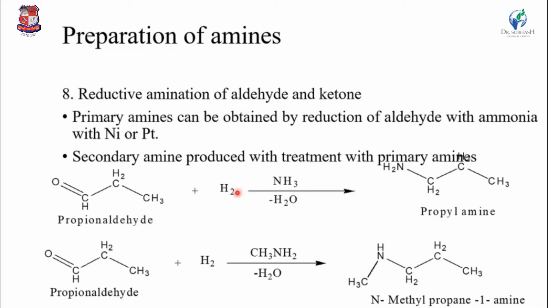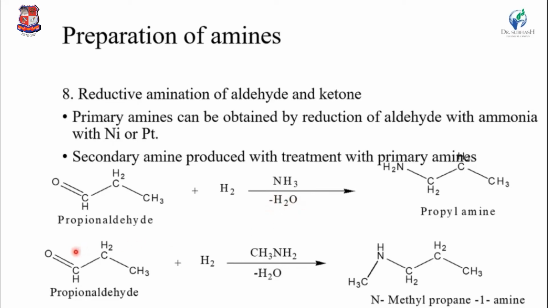Propionaldehyde plus H2 and NH3, amination, so the ammonia group must be present. One water molecule is removed, making propyl amine. The NH2 group is attached here and H2 and O are removed, so one water molecule is removed.